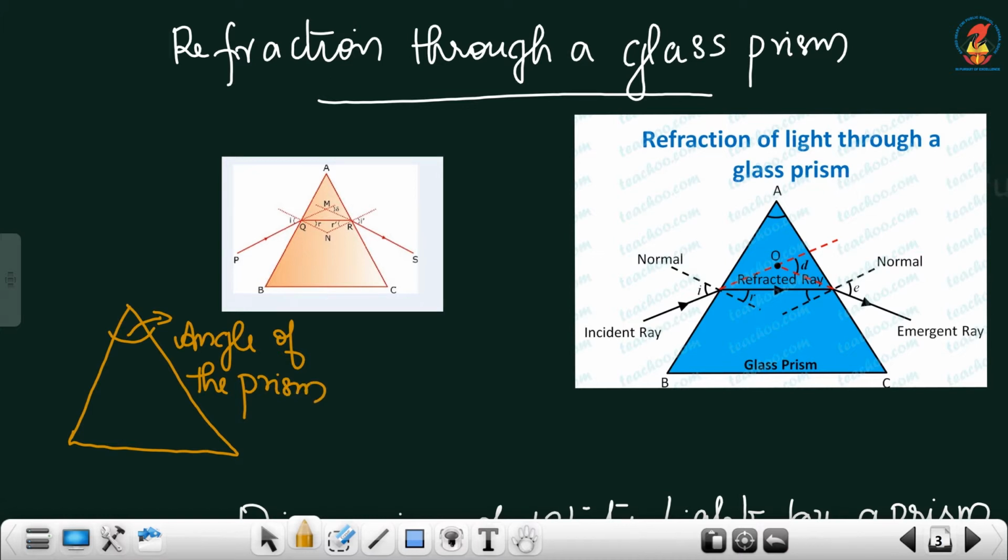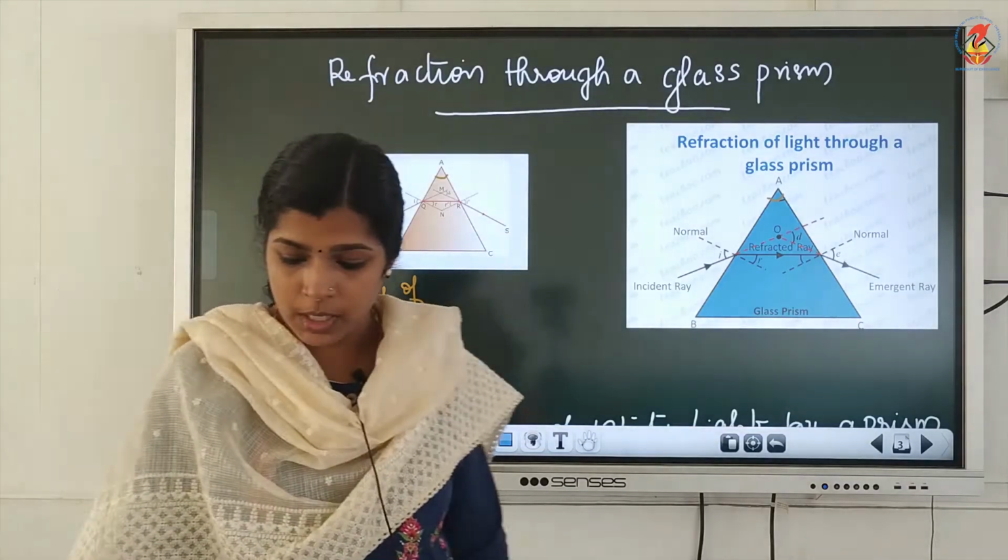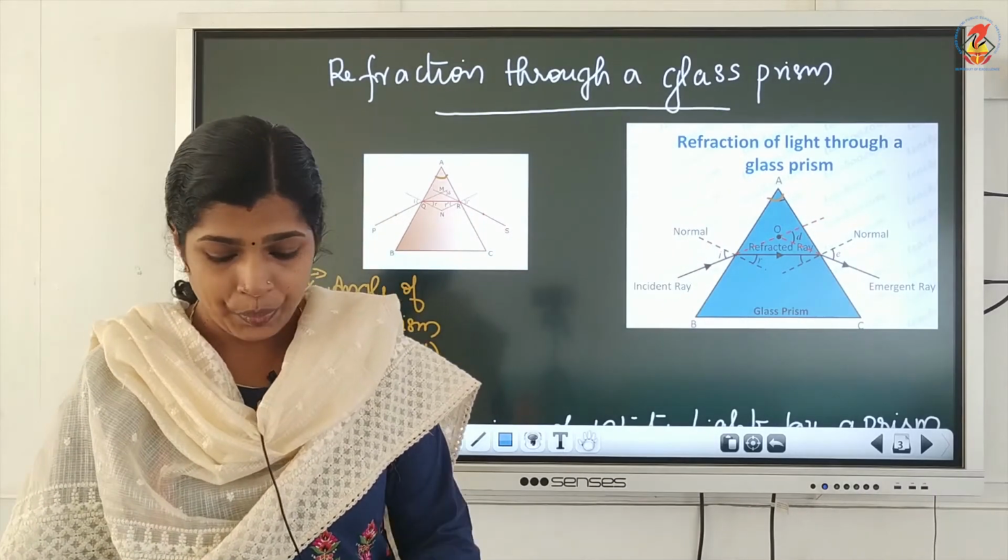Here, this angle represents the angle of the prism. Here also, this angle represents the angle of the prism. Normally, it is denoted by the letter A. For an equilateral triangle, the angle of the prism is 60 degrees.